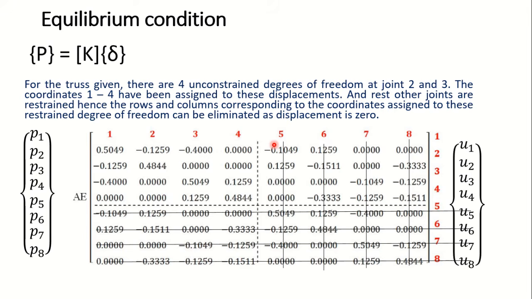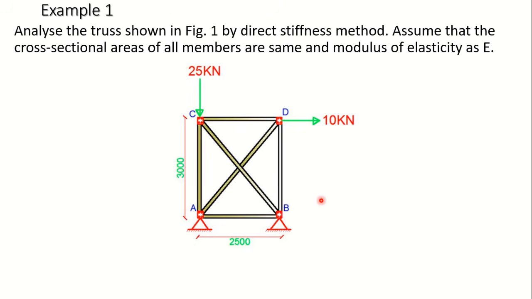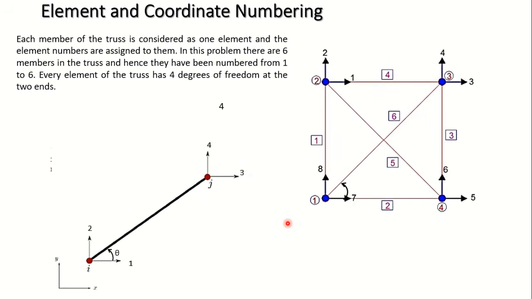If I come back over here, at the joints 1 and 4, at A and B, hinge supports were there. So at joints 1 and 4, there will not be any translation. So these degrees of freedom have been arrested. There is no displacement taking place in coordinates 5, 6, 7 and 8. So the displacements in these coordinates 5, 6, 7 and 8 are 0.